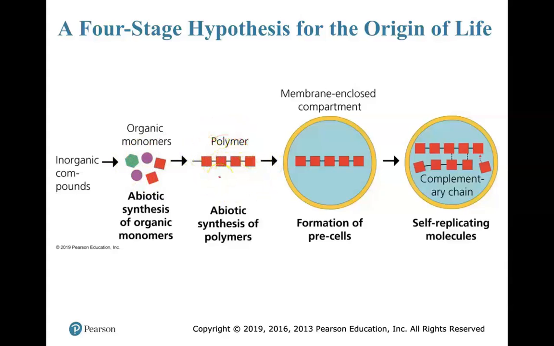We have to contain it in order to get life. Now we have membrane-enclosed compartments. These are the formation of pre-cells, stage 3. Stage 4, we want to go ahead and replicate these instructions in order to continue on life as we know it. Stage 4, these are ribozymes, those very simple RNA structures that can copy themselves.